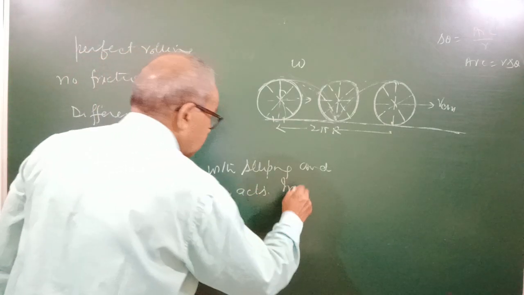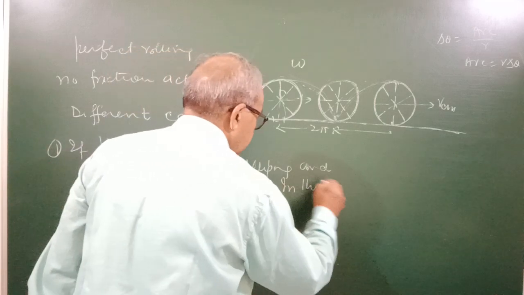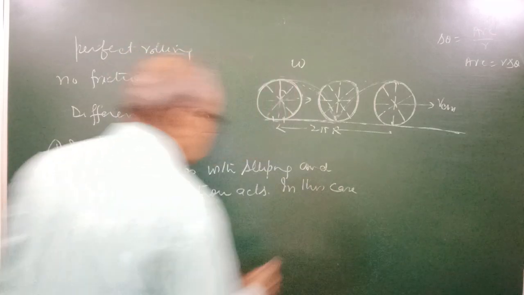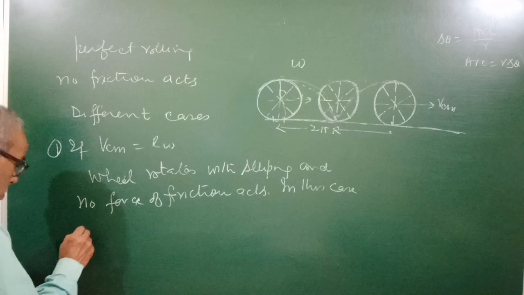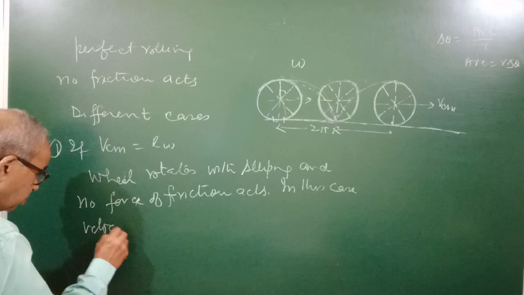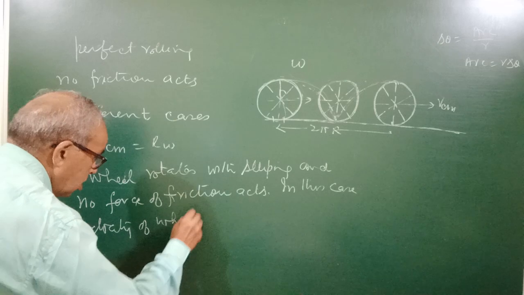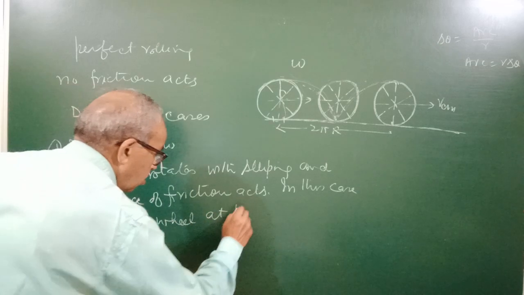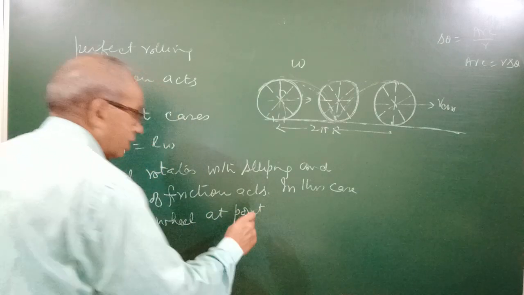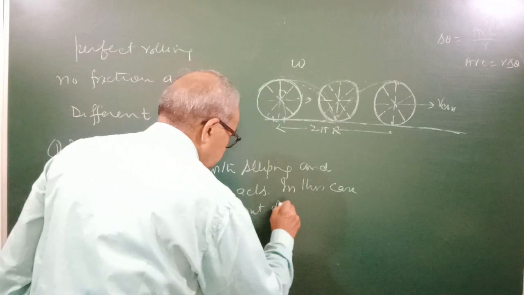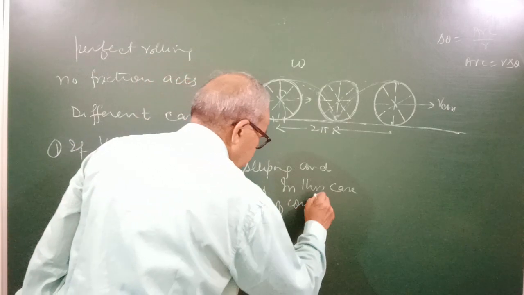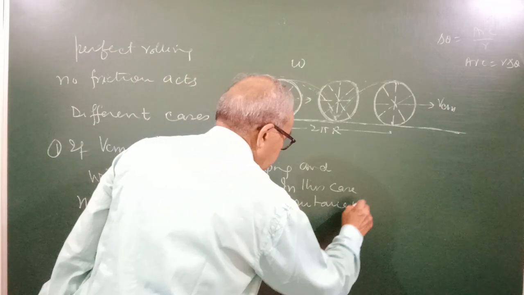In this case, velocity of wheel at point of contact is 0.